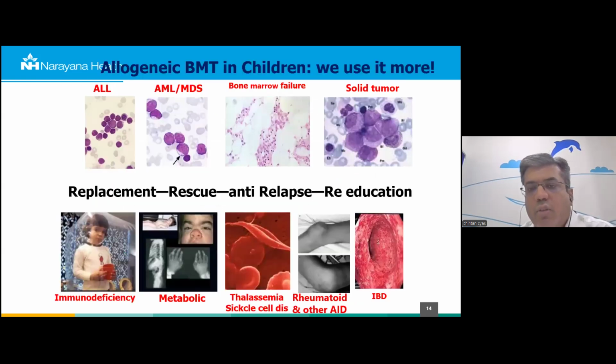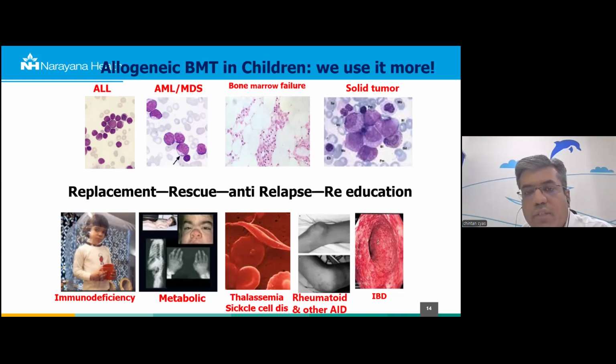The commonest indication, which I would like the nurses to understand, of why we do the transplant is definitely leukemias, like ALL or AML. The second important indication is aplastic anemia, or otherwise called bone marrow failure syndromes. The third indication is solid tumors like neuroblastoma, Hodgkin's lymphoma, non-Hodgkin's lymphoma in the relapse setting, and brain tumors.